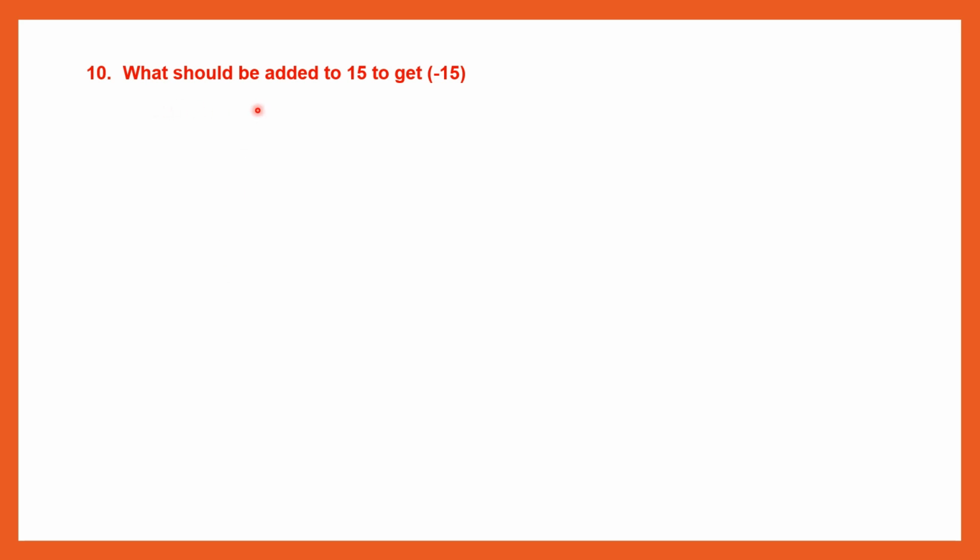Question 10. What should be added to 15 to get negative 15? Suppose I take a simple number. What should I add to 3 to get 10? Now, we know we have to add 7, isn't it? How can I get this 7? If I subtract 3 from 10, 10 minus 3 will give me 7.